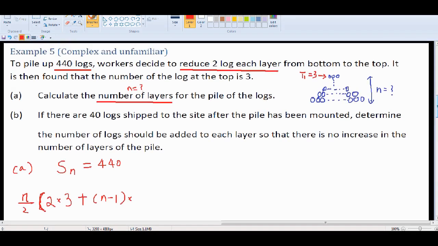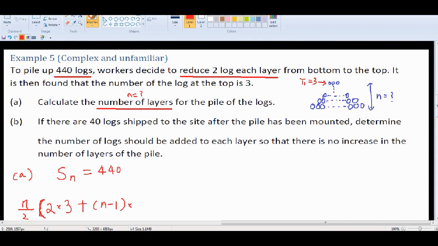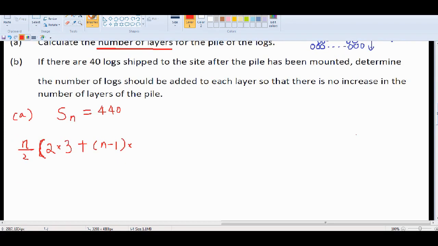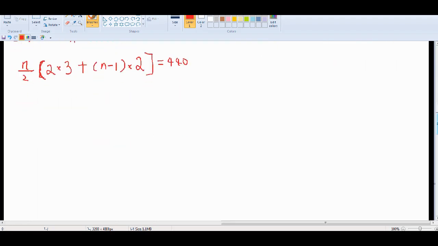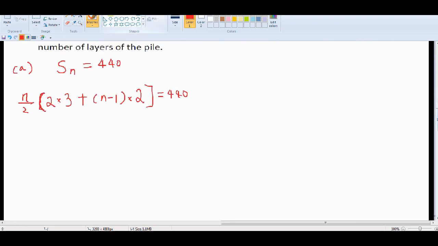What's d? From each layer to the next one there will be 2 more or less. Since your first term is the top layer, the second term would be 5, so the difference should be positive, 2. And the total would be 440. That's it.